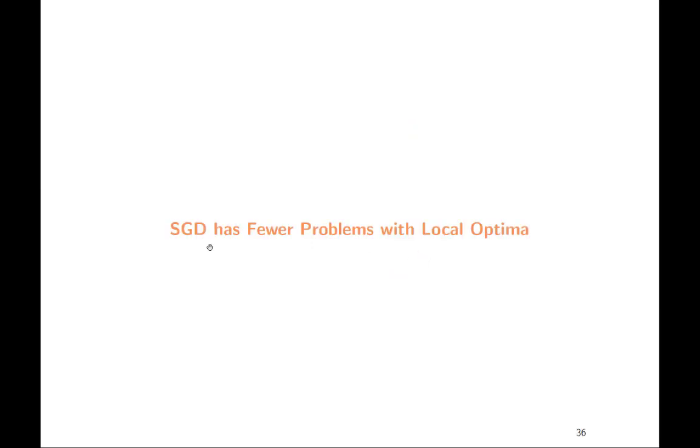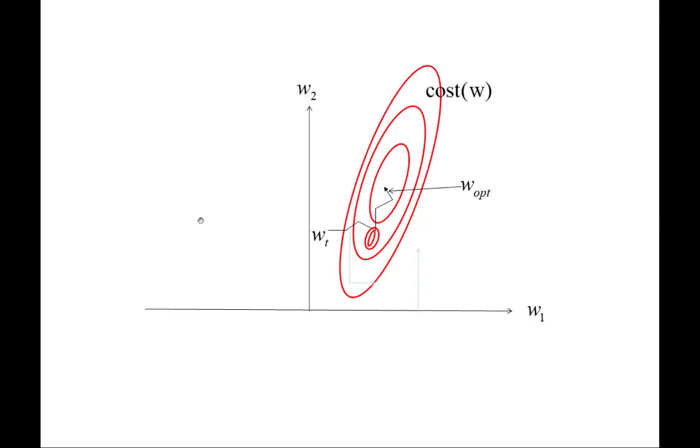So one thing is already stochastic gradient descent, which has fewer problems with local optima than if you would calculate the true gradient. And that's shown over here. By this pattern learning, we have the trend of moving in the right direction. But since we are always looking at one pattern at a time, we bring stochasticity into the learning process.